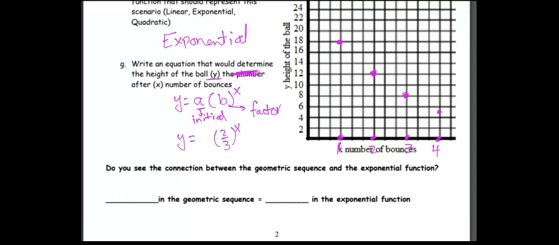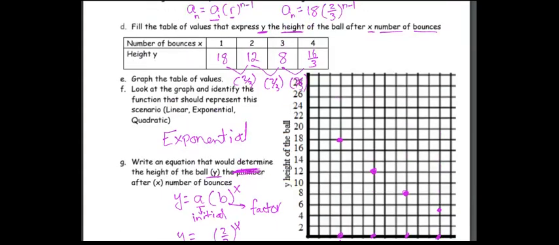Now, we need the initial value. The initial value happens when x equals 0. So it's going to be the value before x equals 1. Let's take a look at the y value for x equals 1. It's 18. That means there was a number for x equals 0 that I had to multiply by 2 over 3 to get 18.